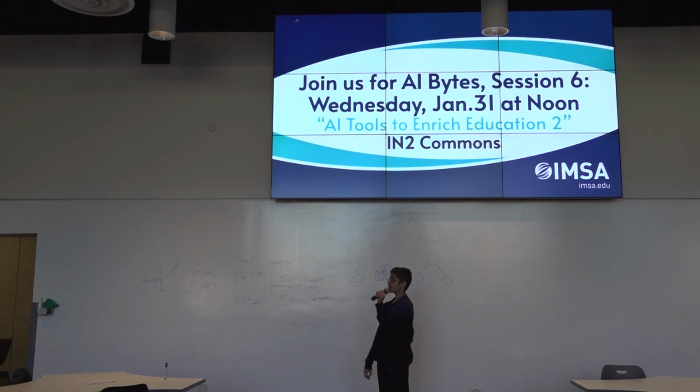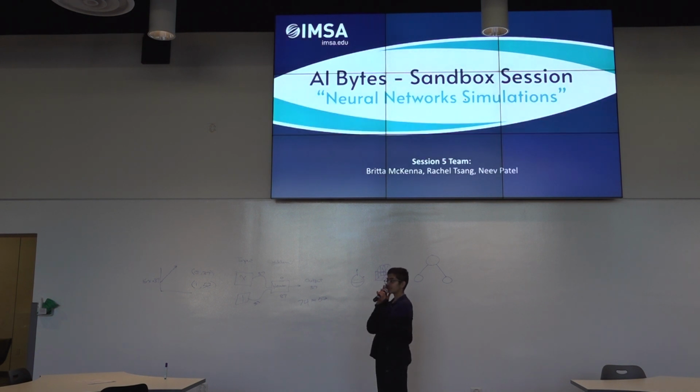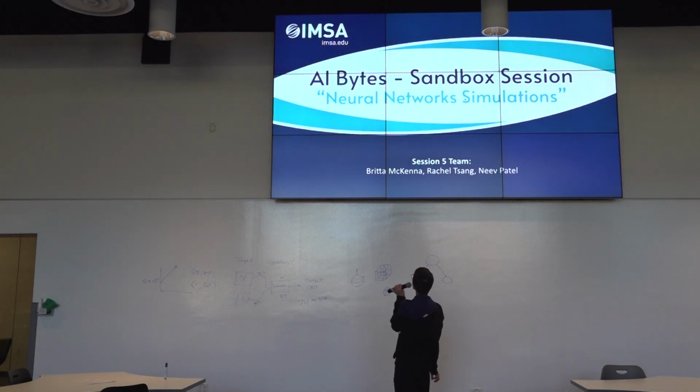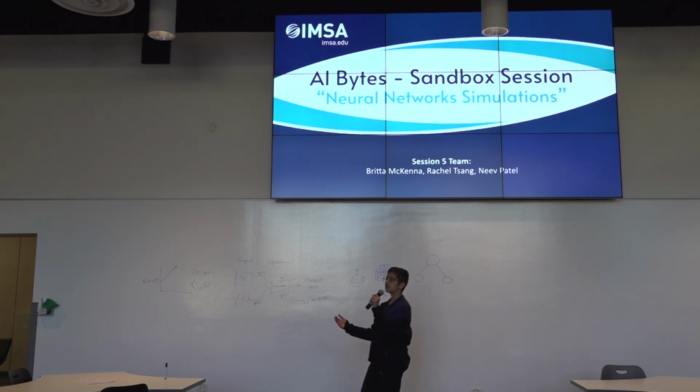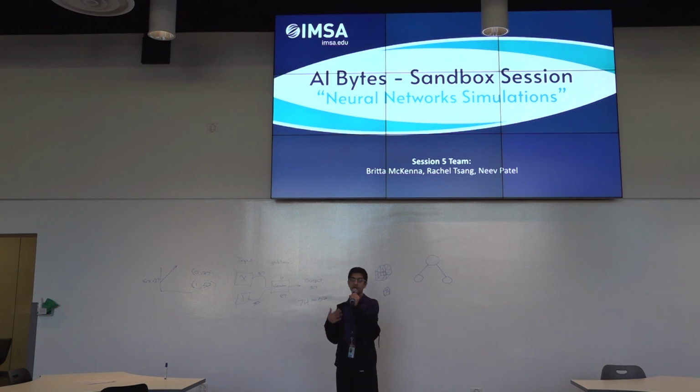So now, since we do have some time, we'd love to experiment with a neural network simulator and a little bit about how neural networks can be applied, not just in AI like ChatGPT, but in a variety of different forms by which we can see that neural networks are everywhere.